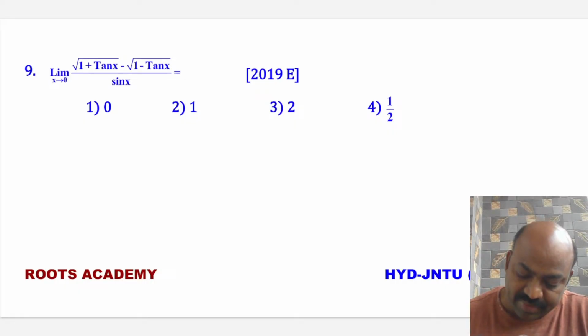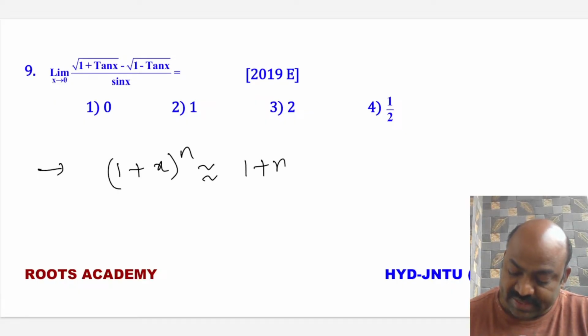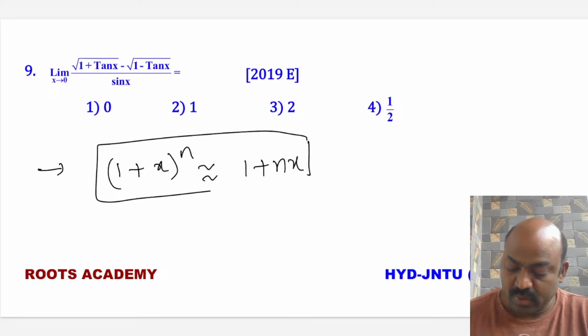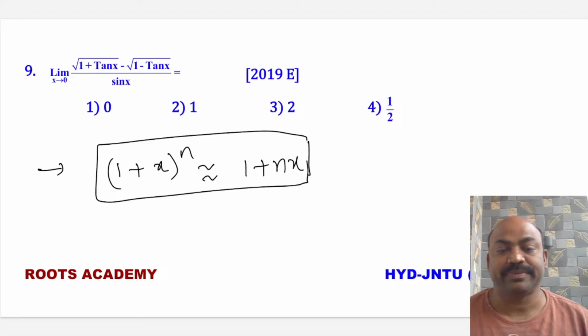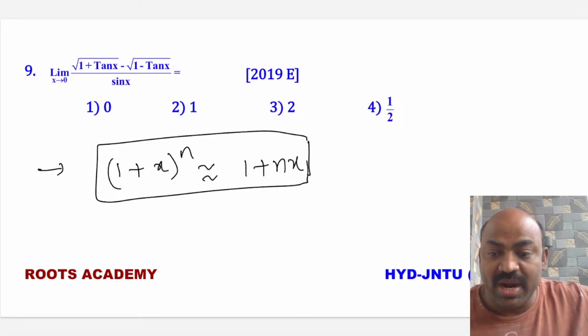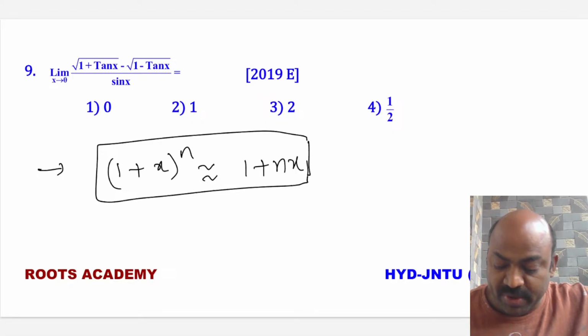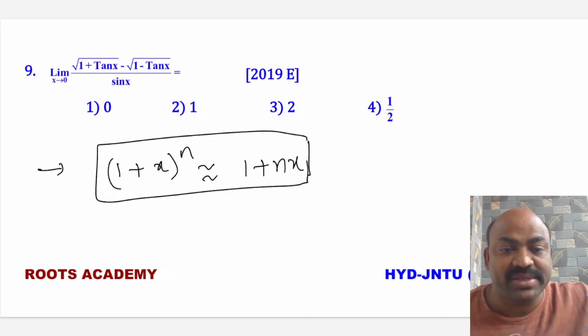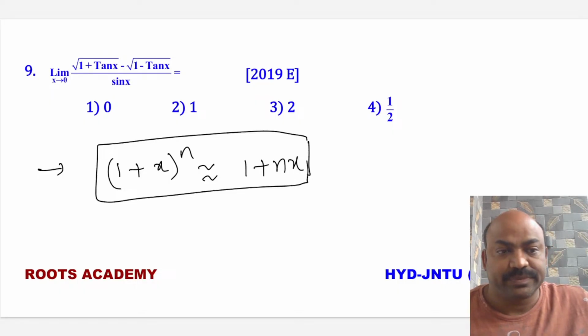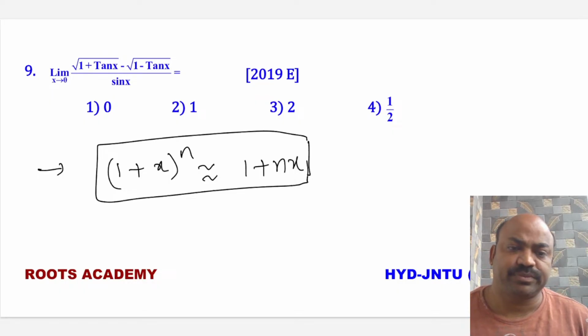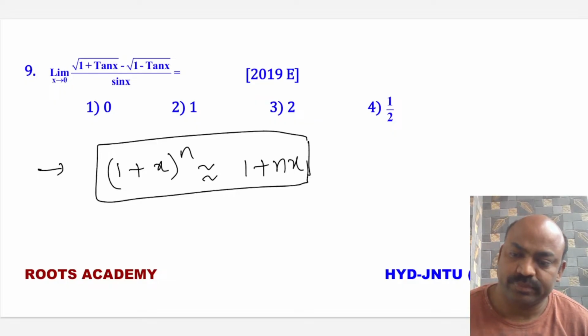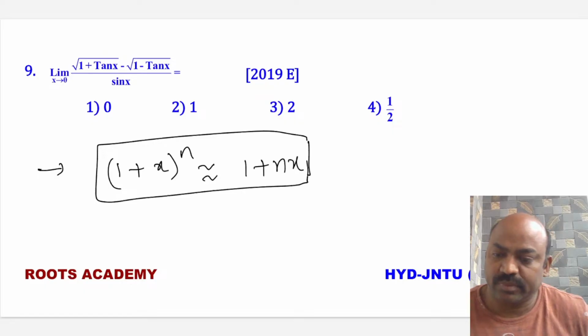In the standard limiting case, this is another thing we have to remember. (1 + x)^n is approximately equal to 1 + nx. Can you put it now?